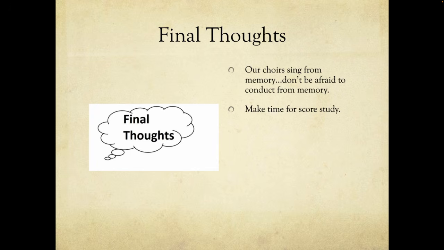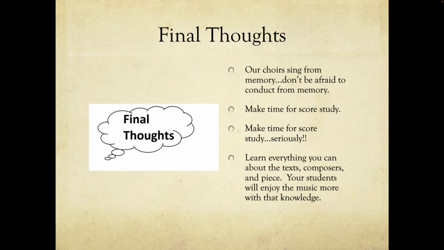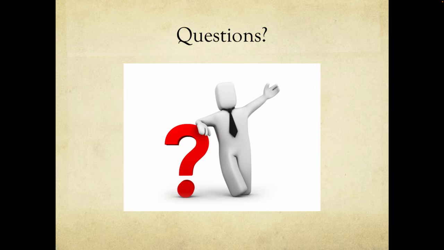You don't have to spend an hour, 30 minutes a day. Spend 10 minutes. Just look through a couple of places. And over time, you will learn the score better this way. But you have to make time for it. It's very, very important. Learn everything that you can throughout this course about the text, the composers, the poets, the music. You're going to enjoy the music more the more you know about it, right?